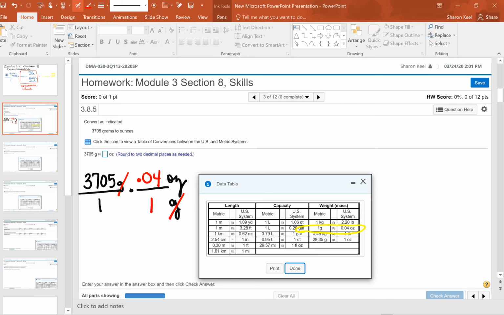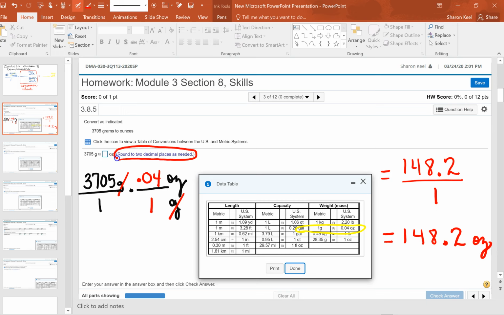As we come back here, that gives us 148.2. 1 times 1 gives us an understood 1. When we do our final answer, we're going to write 148.2. We do not need to put the 1 on the bottom, and we're going to use OZ for ounces. Notice here it says round to 2 decimal places as needed. Ours only went 1 decimal place, so that's as far as we need to go on this particular problem.